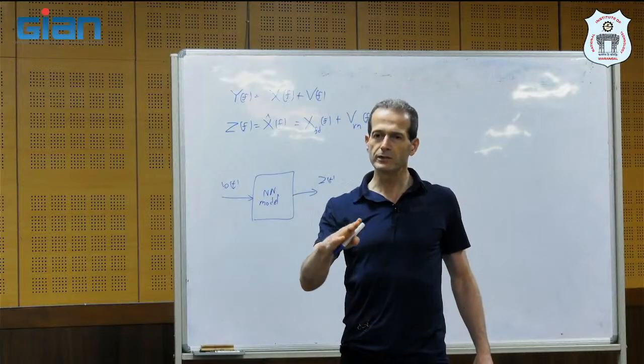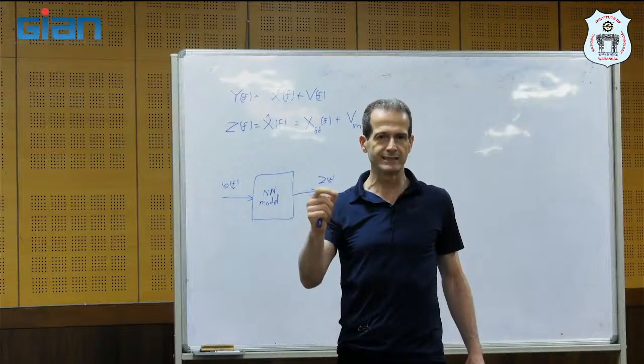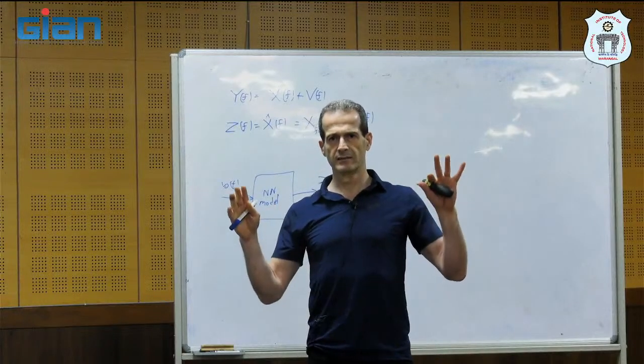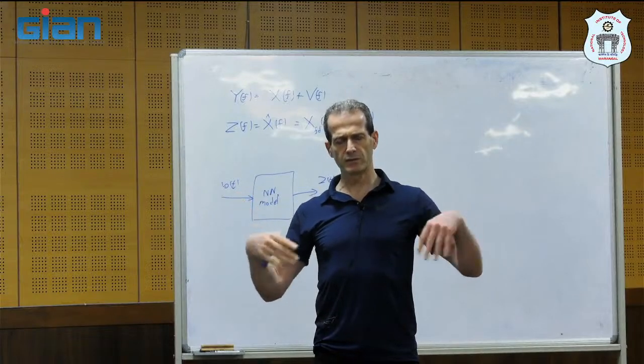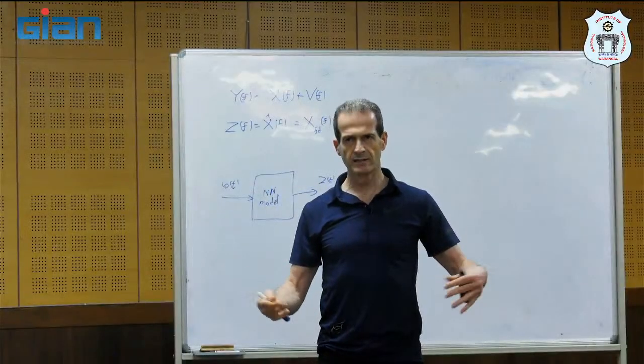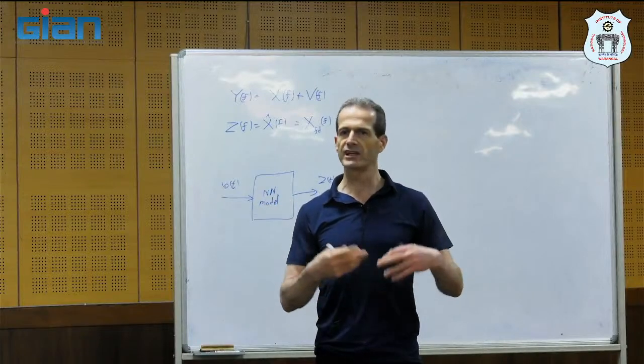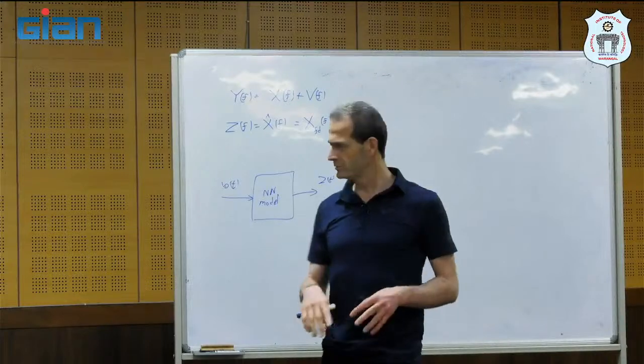And when you come closer, you need to decrease the step size. Okay, all of that. And if you want to learn more about it, it's in adaptive filtering, adaptive processing, and all that.